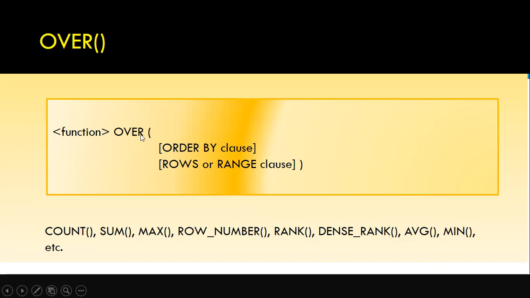First of all, what is the OVER function and why do we need it? If you want to display aggregated or summarized values along with non-summarized values, in that kind of situation the OVER function is really helpful. I will show you an example.